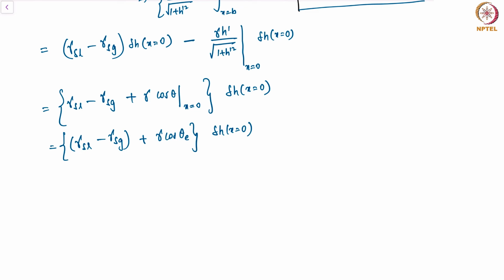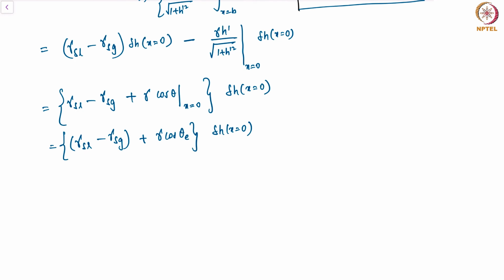Now, you see that it's a product of two terms here. The term in the curly braces involves all the three surface energies. Gamma SL, that's the solid liquid surface energy. Gamma SG, the solid gas surface energy. And gamma is the liquid gas surface energy or the surface tension.